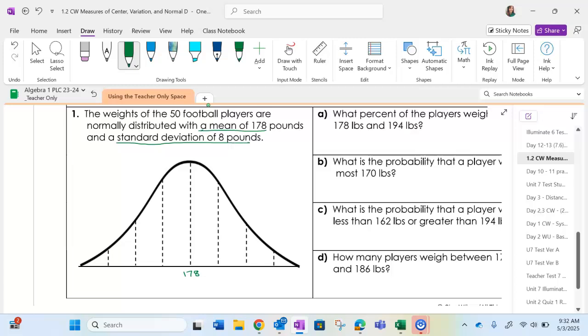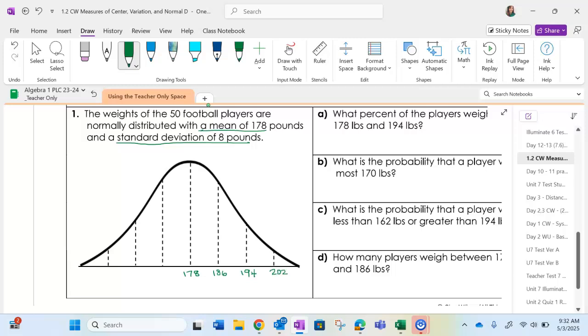So I need to label all of these values. When you go in the positive direction, you are going to add. So 178 plus 8 is 186. And then I'm going to add 8 again to get 194. And then I'm going to add 8 one more time to get 202.